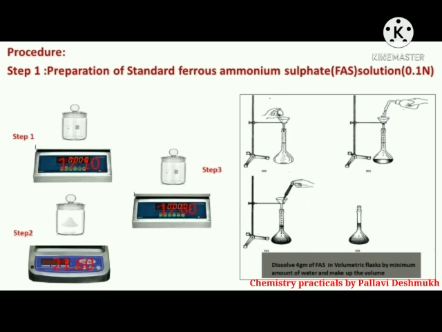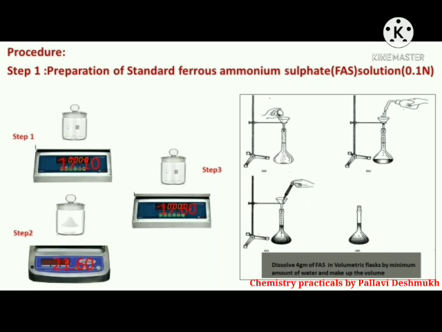Now the procedure. In the first step, we have to prepare 0.1 normal ferrous ammonium sulfate solution. For that, we have to note down the weight of the empty, clean and dry weighing bottle. After that, add approximately 4 gram of ferrous ammonium sulfate into the weighing bottle and note down the reading.